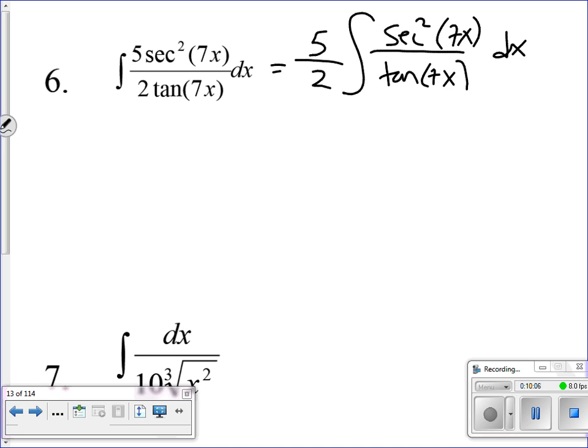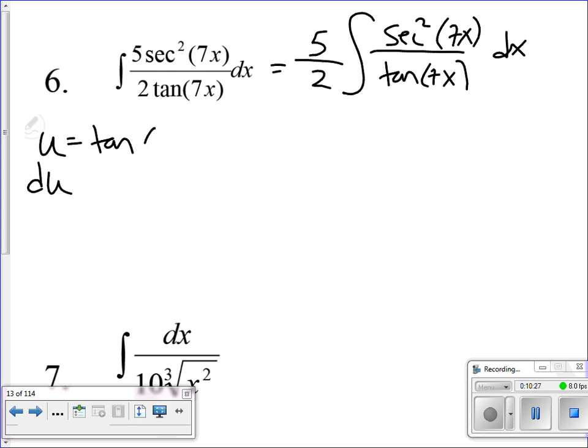So if you realize that, you'll see this is probably going to be a du over u. So we're going to let u equal tan x, and then we'll see if we've got the important factors contained in du.